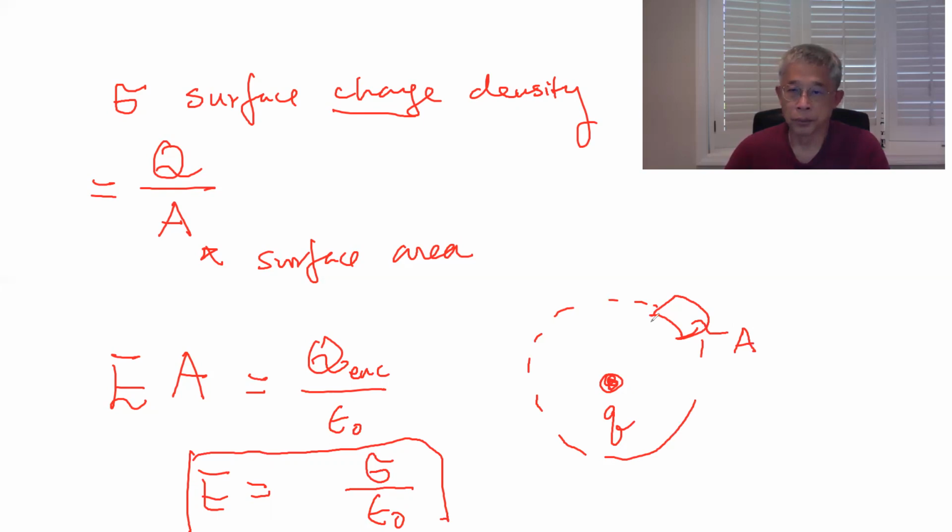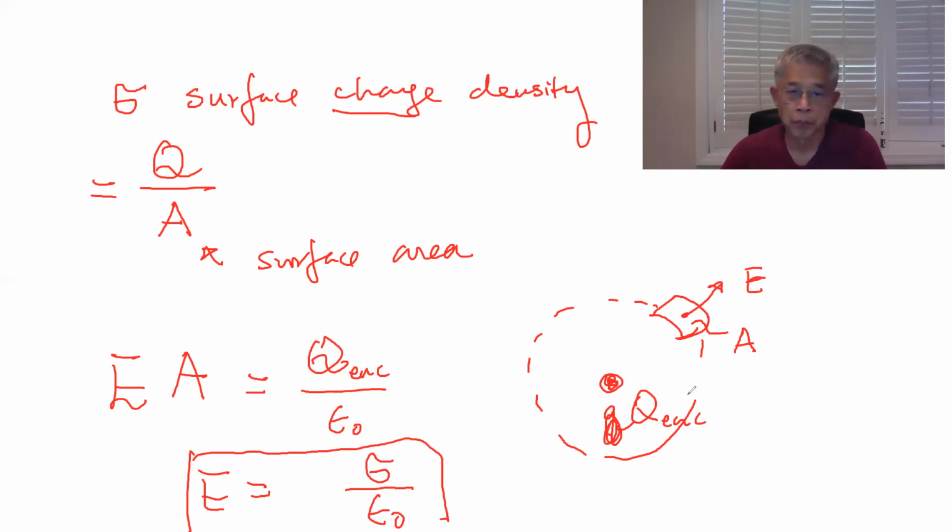And then if you integrate it over, it's your total area now, and the enclosed charge is this one here. Let's call this one Q enclosed. So then you can figure out the E at this point, the E at this point.